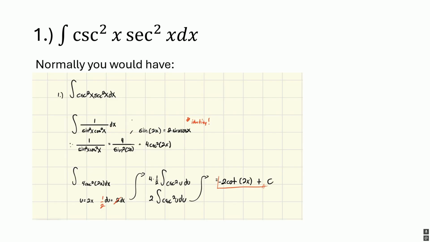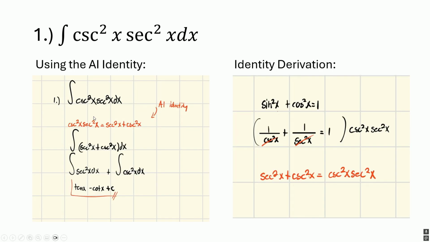However, using the AI identity, so yun yung tawag ko dito sa mga identities na nakuha ko or na-derive ko, I call them AI identity. Using this identity, you would just substitute yung cosecant squared x secant squared x ay equal lang pala kay secant squared x plus cosecant squared x.